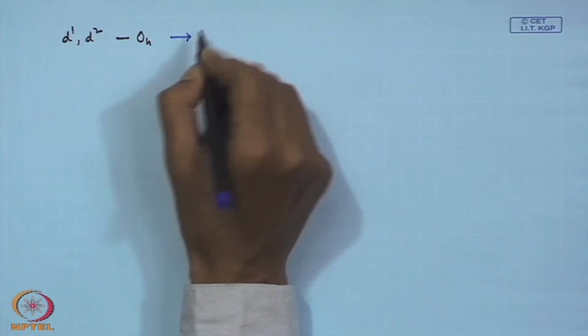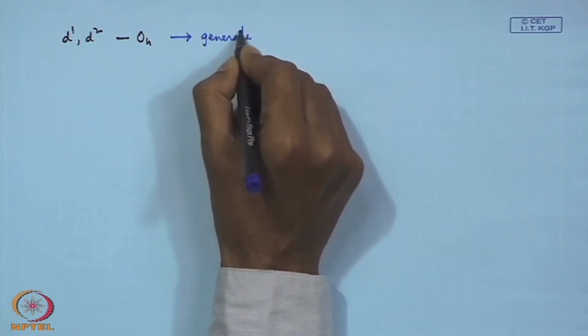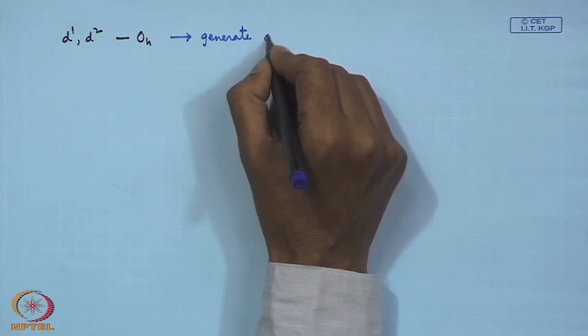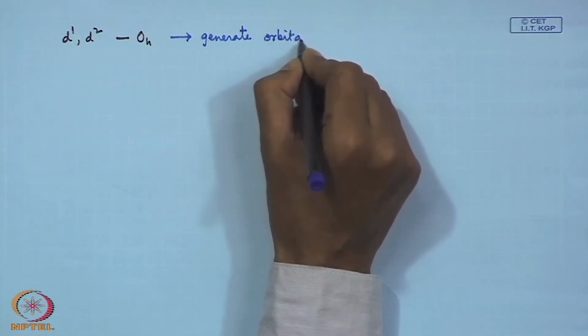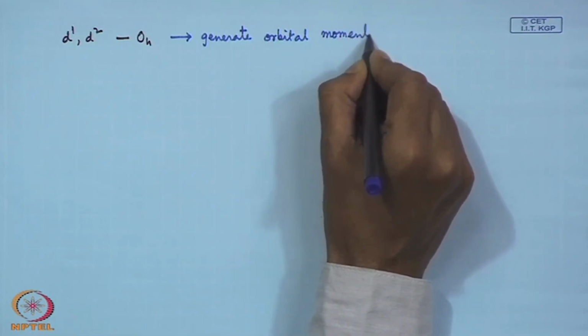So, they basically would be able to generate orbital moment.